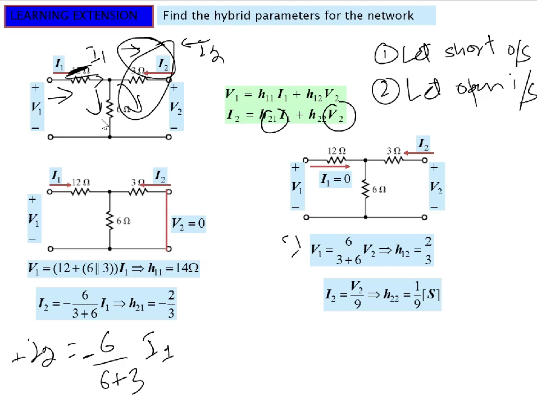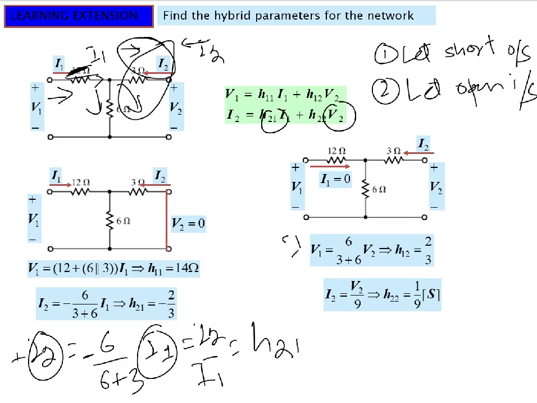Current divider rule states that if a branch is bigger, the lesser the current would flow through it. Just think about it and you will know how this relation is formed. So by doing so, we came up with I2 by I1, which makes it H21.